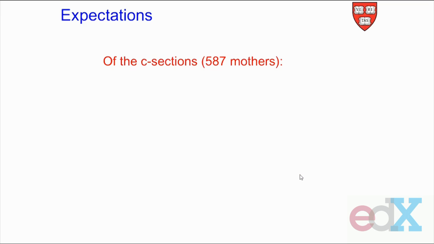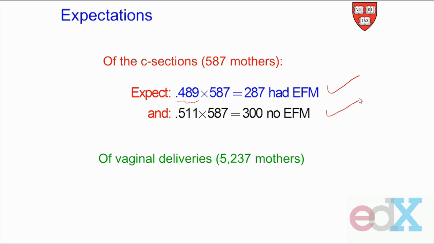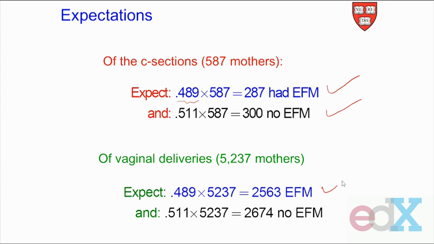And so now we can apply those numbers to the mothers who had C-sections, say 587 of them, and we expect that 287 had an EFM, roughly 50-50. And of the other mothers, the vaginal deliveries, there were 5,237 of them, and we would expect that roughly half of them, 2563, would have had EFM.